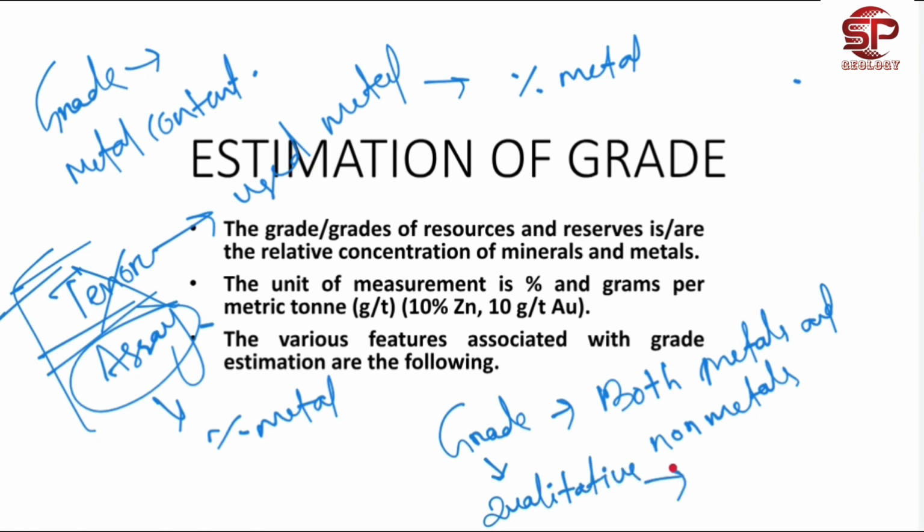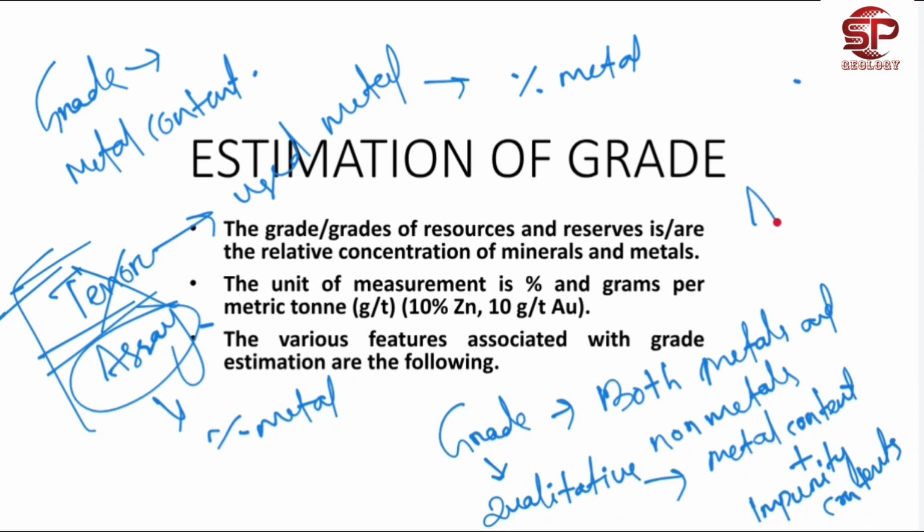What is the qualitative term? It expresses the metal content, and also it expresses the impurity content. For example, when there is high alumina in an iron ore, that is very harmful to the blast furnace.